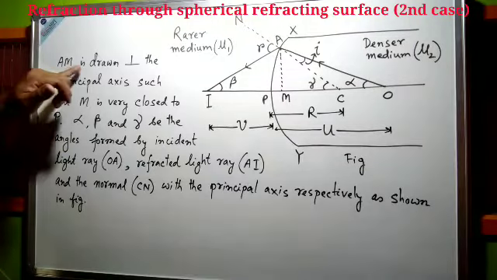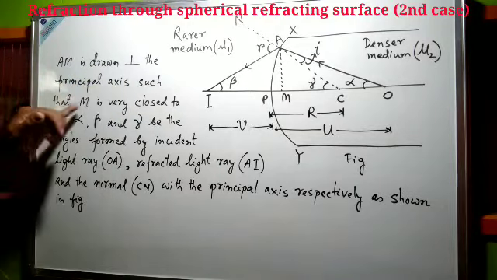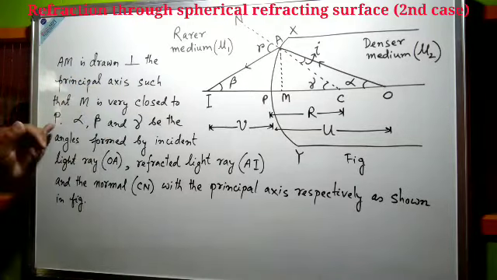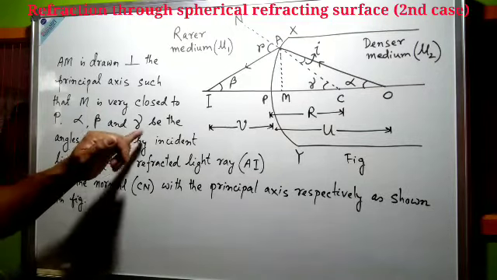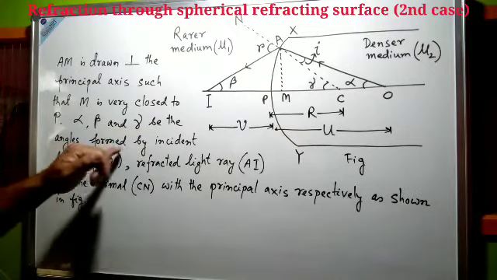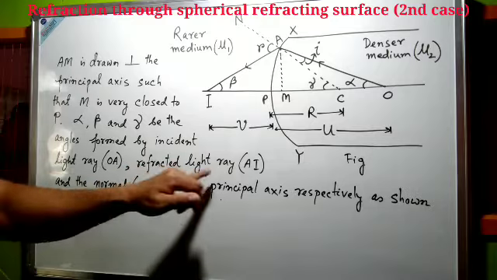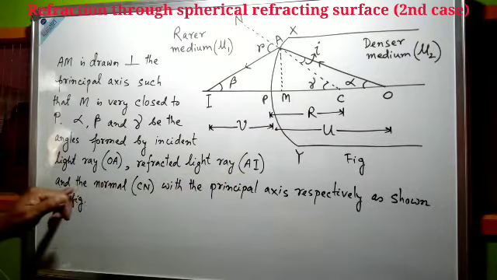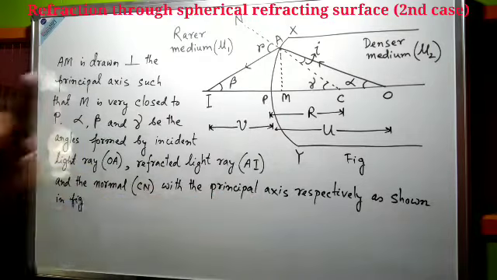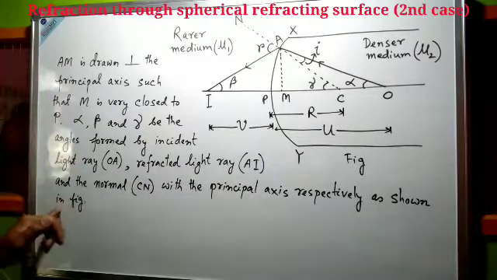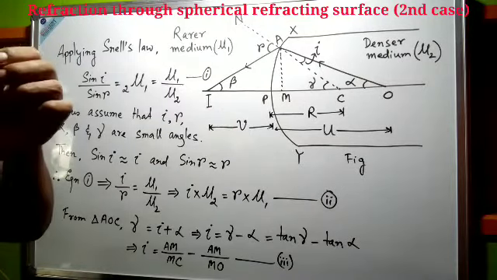Then, AM is drawn perpendicular to the principal axis such that M is very close to the point P, that is pole. Alpha, beta and gamma be the angles formed by incident light ray OA, refracted light ray AI, and the normal CN with the principal axis respectively, as shown in figure. Next, we have to apply Snell's law in this case.